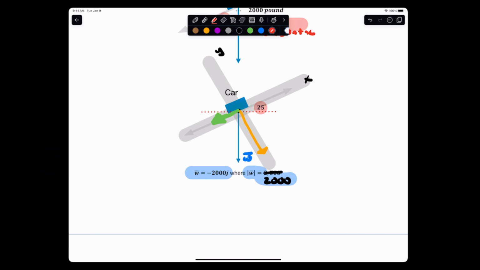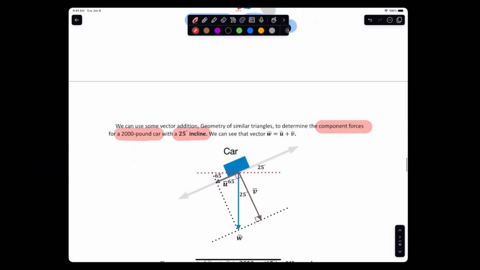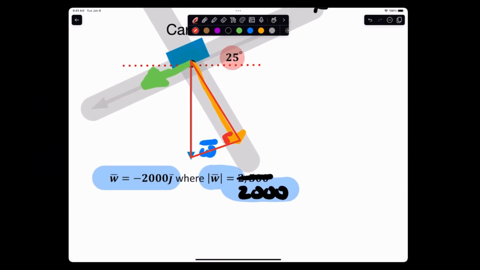And it creates this triangle, if I kind of draw it here. And that's the picture. And that's a right triangle. So the question becomes, what are the angles here in this right triangle?